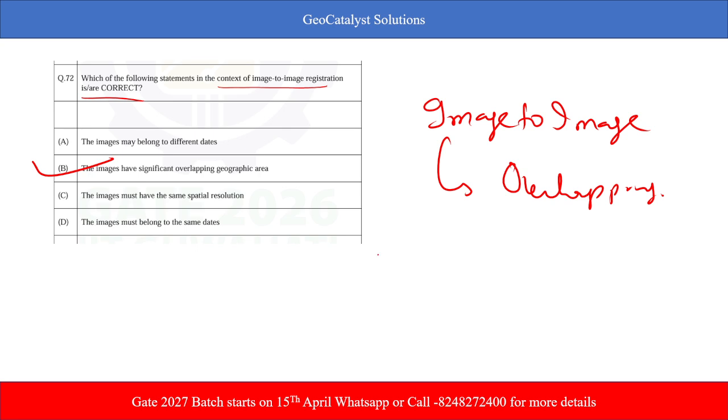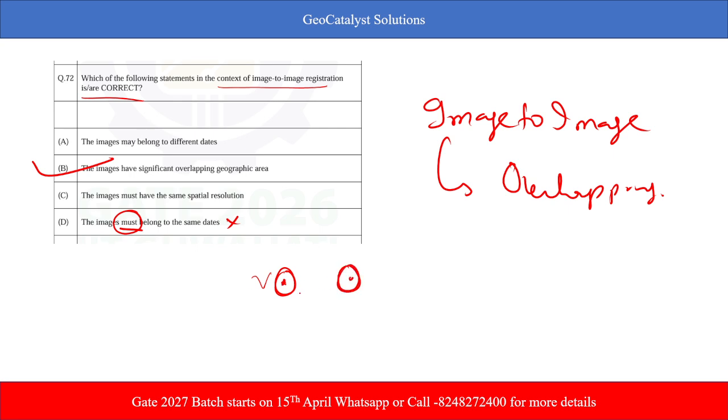Then also, let's discuss this option. Images must belong to the same date is not the correct answer. They can be on different dates and we can still register both. This also, like same resolution is not necessary, because suppose you have one point, that same similar point you should be able to see here.